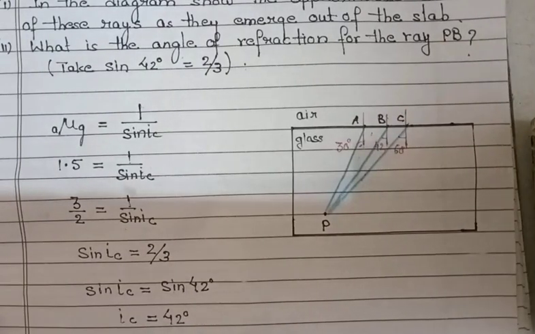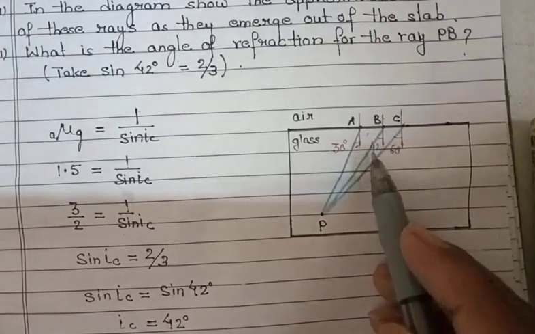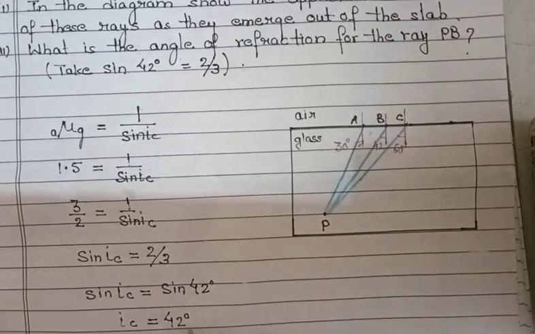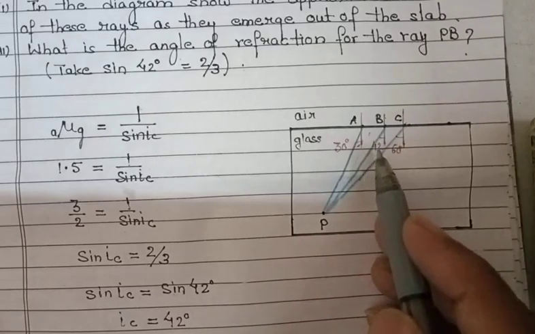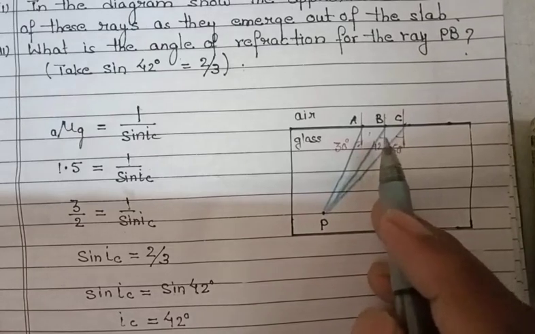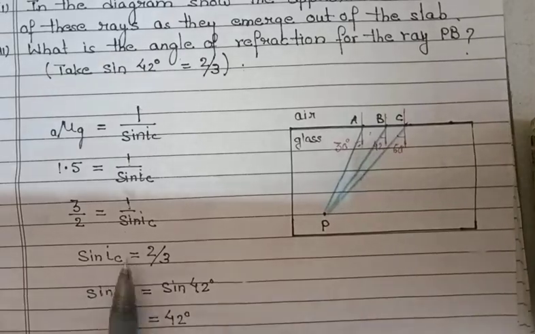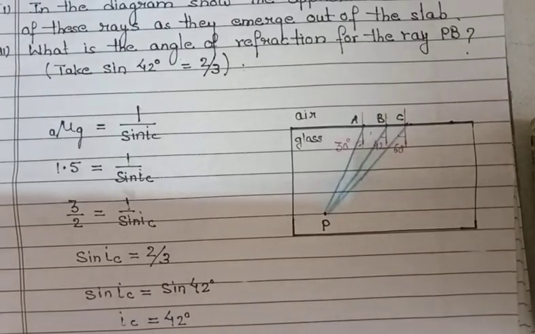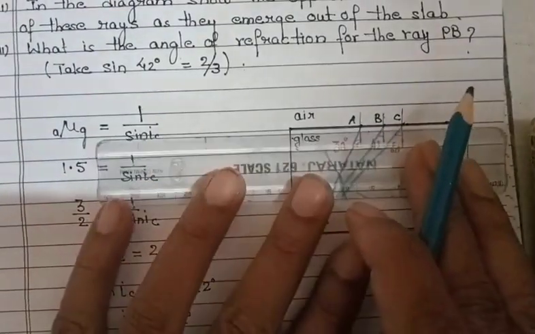As you can see, ray PB is making critical angle. You have got critical angle 42. So ray PB is making critical angle, and we know the ray that makes critical angle always passes along the surface. So this ray PB will pass along the surface.